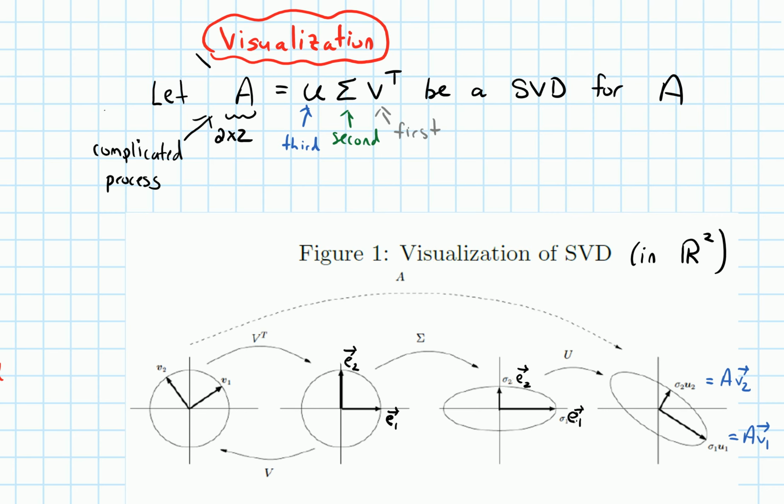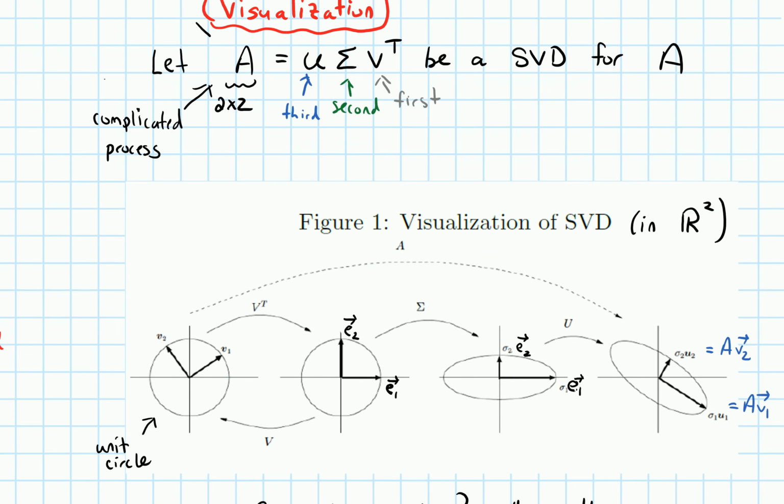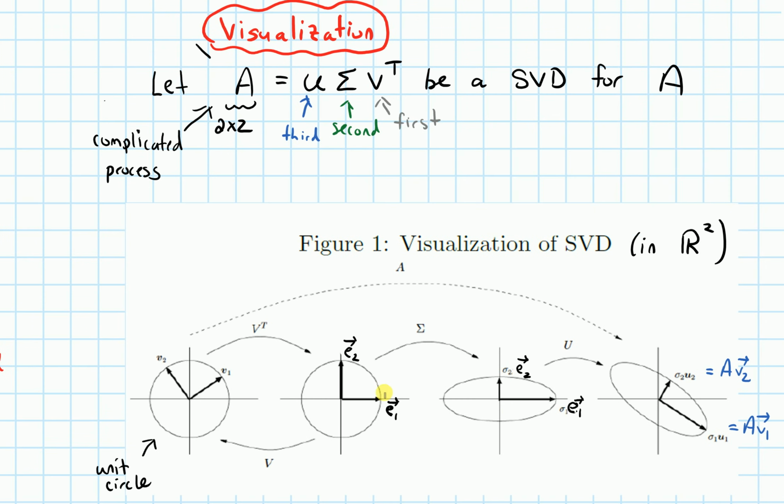In this picture, I'm beginning with a unit circle here. If we think about what the matrix V is going to do, V is going to map this vector E1 onto some vector.